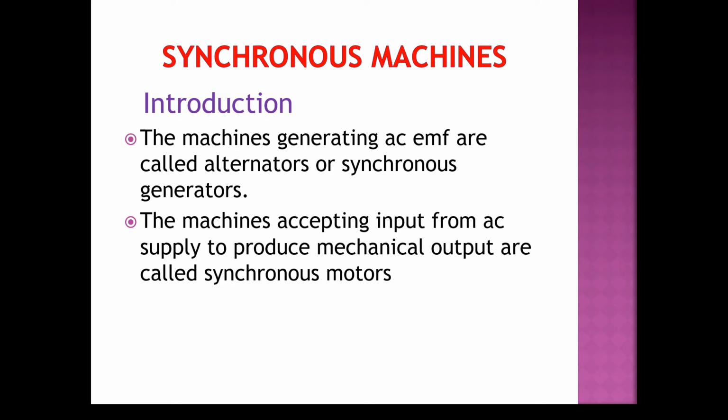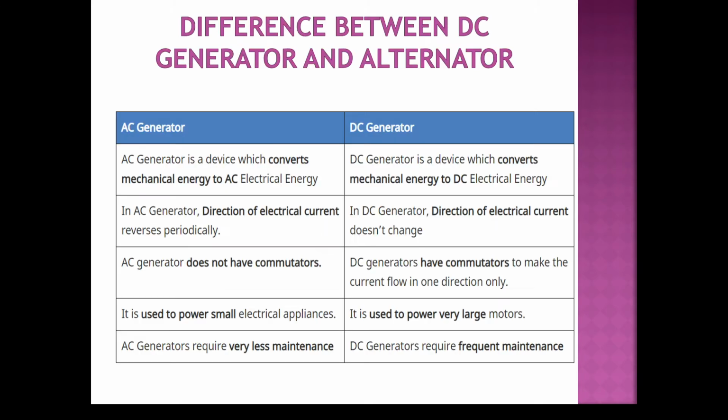Let us see the difference between DC generator and alternator. So what is an AC generator? An AC generator is a device which converts mechanical energy into AC electrical energy, and a DC generator is a device which converts mechanical energy into DC electrical energy. Okay.